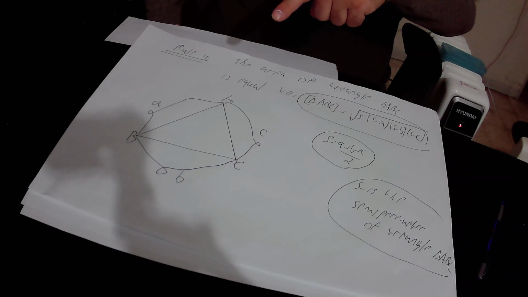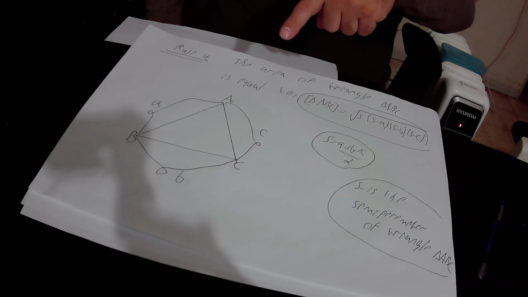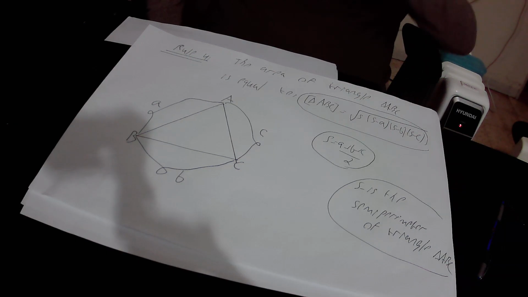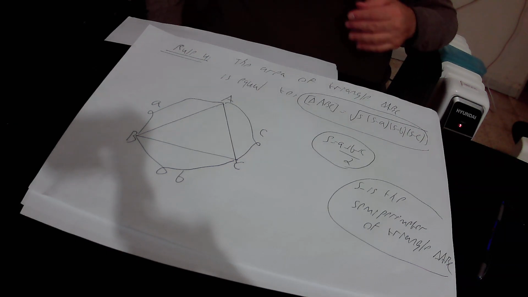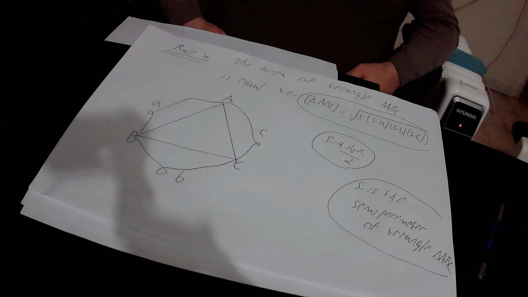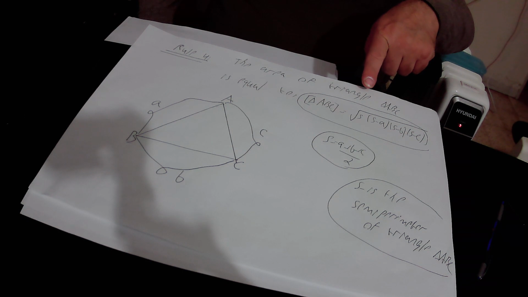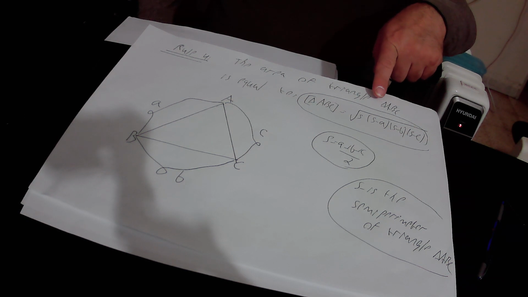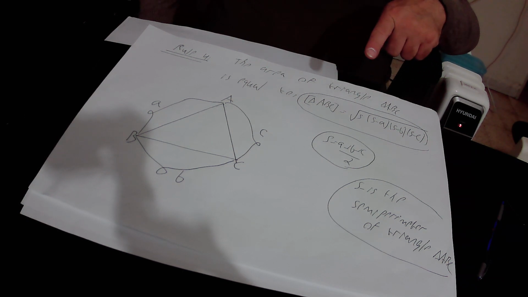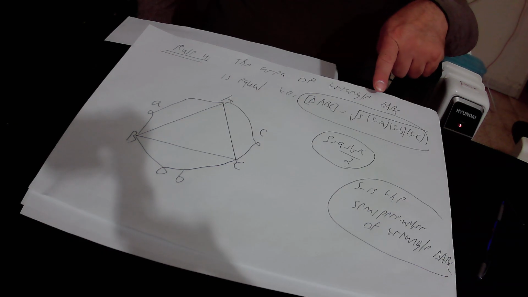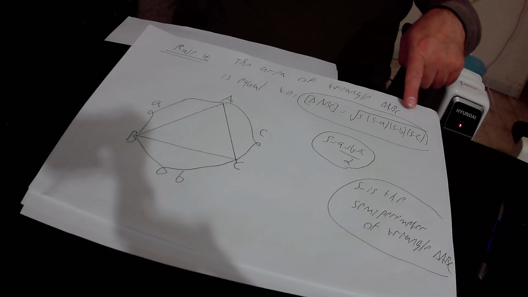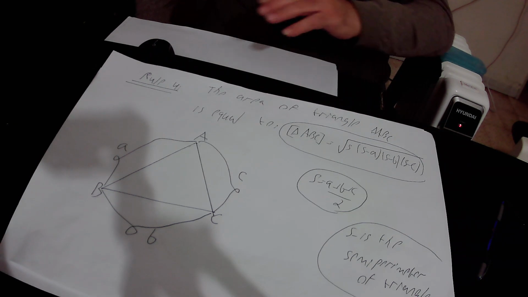That is to say the semi-perimeter S of this triangle ABC equals A plus B plus C over 2. So the area of this triangle ABC according to the new formula is equal to the square root of S times S minus A times S minus B times S minus C.